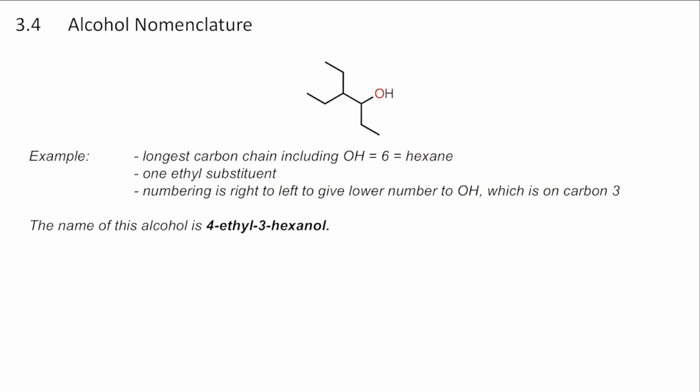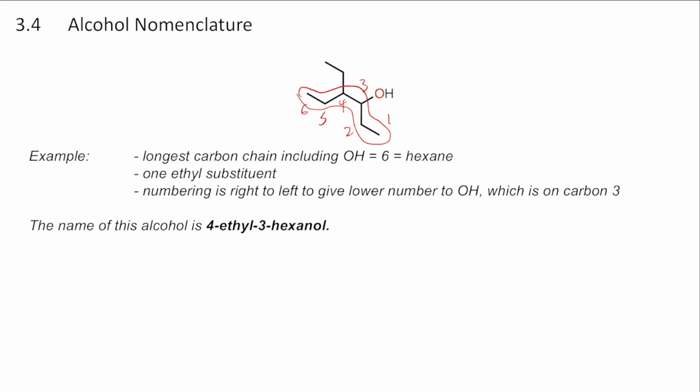Here's another example. We find the longest carbon chain that has the OH, which is in this direction. Starting from the left, if we numbered it, we would give number 4 to the OH. But we don't want that. We want the OH to have the lowest possible number, so we start instead from the right. And we go 1, 2, 3, 4, 5, 6. So we give the OH here number 3.